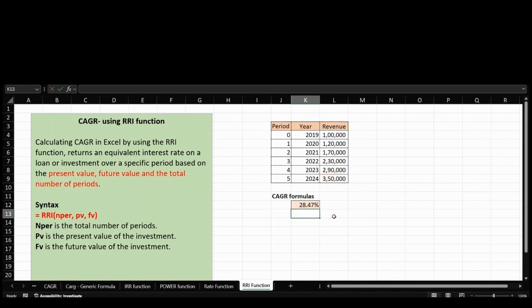So we got the answer 28.47. Okay, these are a few ways to calculate CAGR.